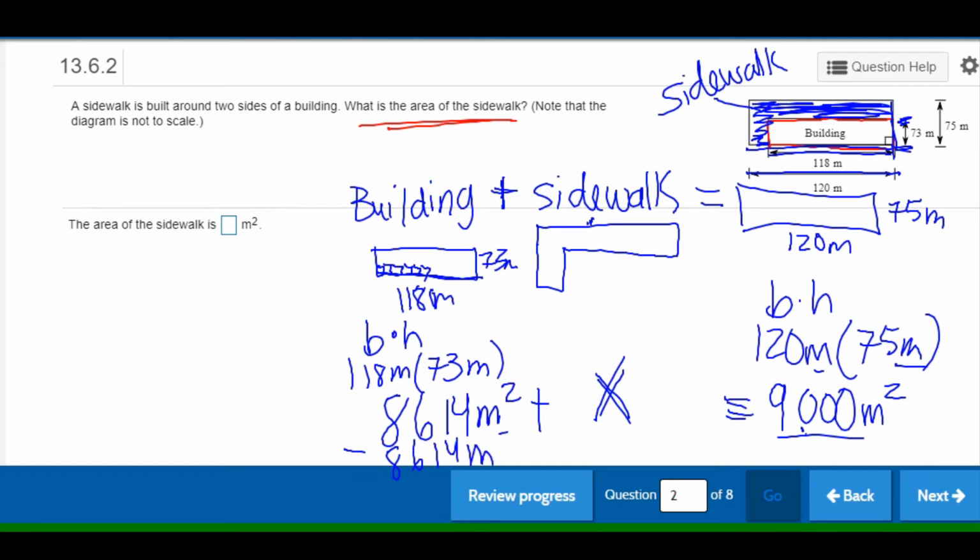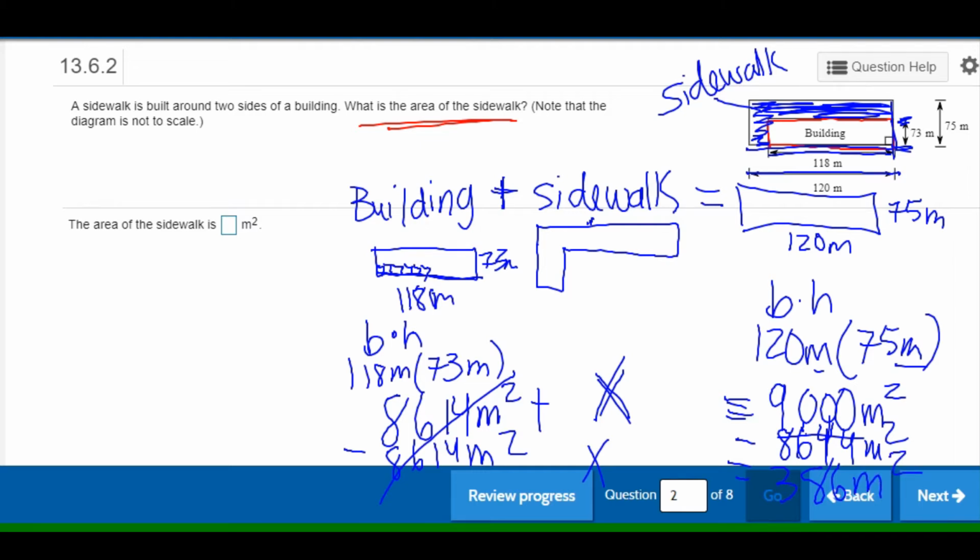So we have to move 8,614 meters squared, so 9,000 minus 8,614 meters squared, and then we'll have the area of the sidewalk. X is equivalent to 386 meters squared, and that is our answer.